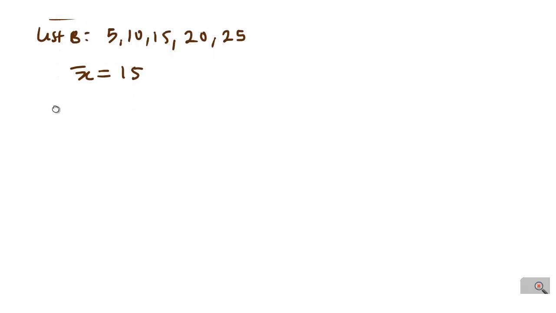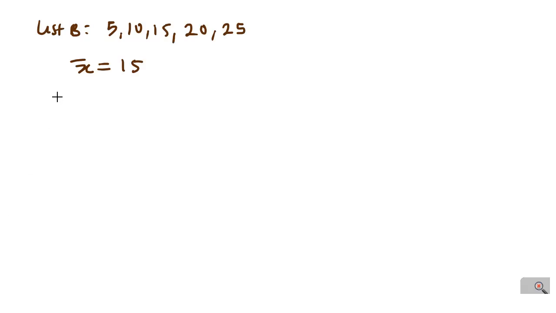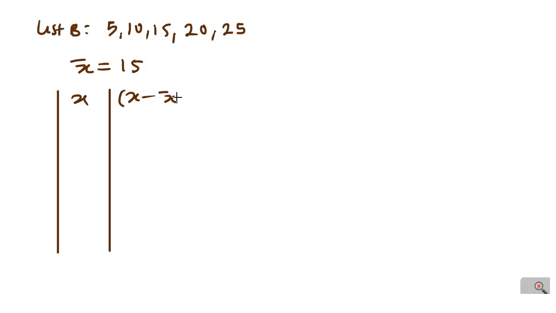So let's create our table. The first column on the table will be the value of x, right? Then the second column will be x minus mean, right? Then the third column, because that's the formula, is x minus mean, then squared.